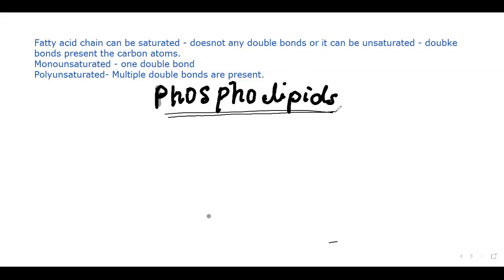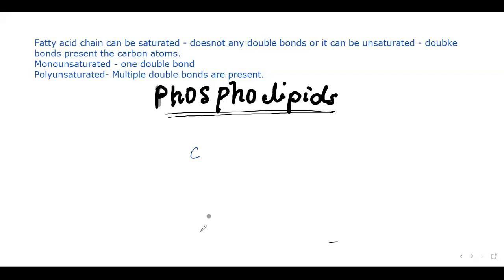Let's go over the similarities first. Two of the components are the same, meaning that one component of it is going to be the glycerol, right? That portion is the same.